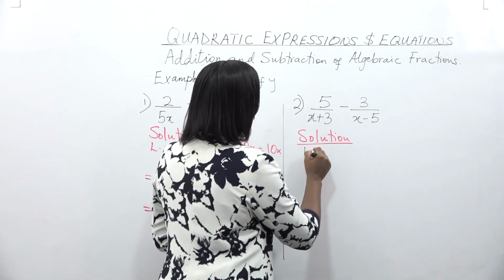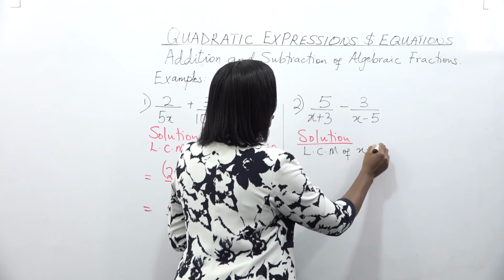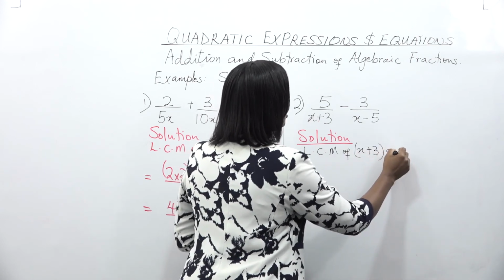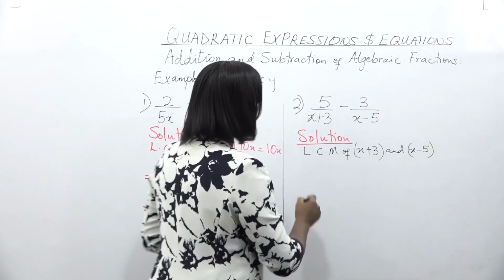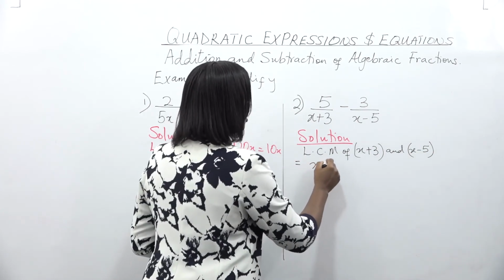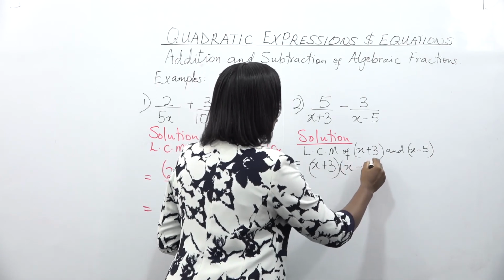LCM of x plus 3 and x minus 5 is the product of both, x plus 3 into x minus 5.